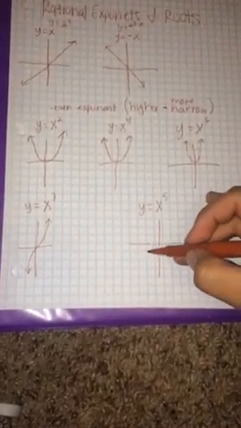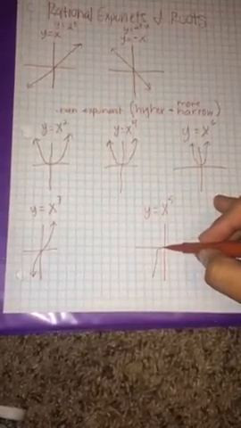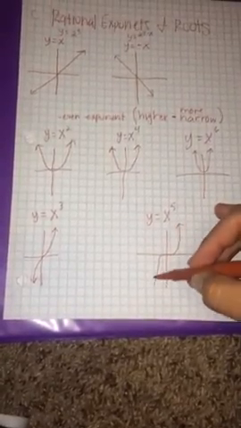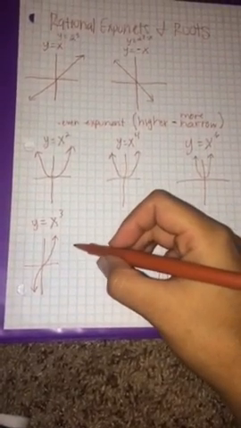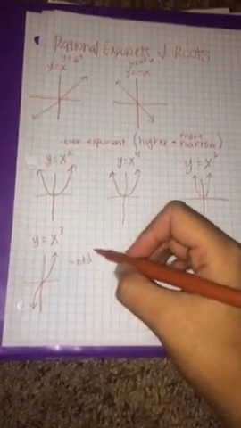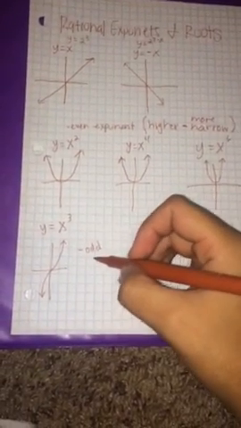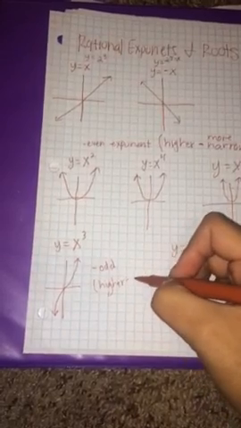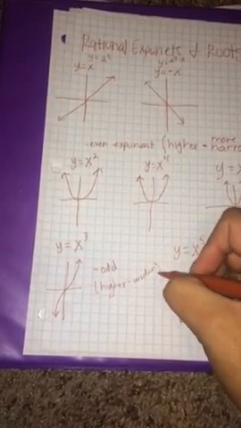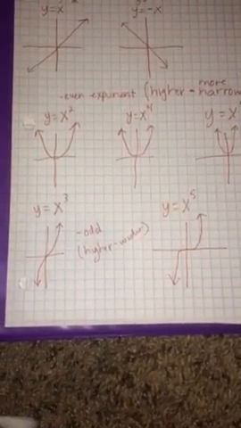And when it's x to the power of 5, it's like so. So what do we notice? That when the rational exponent is odd, then the higher, the wider it gets. The wider it gets.